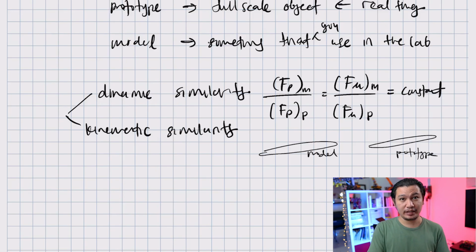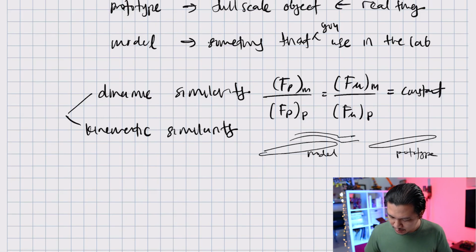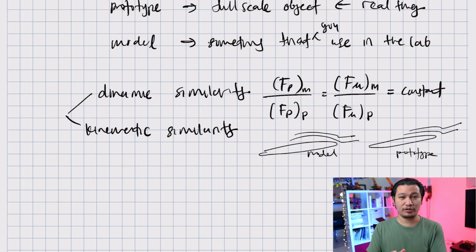When you have kinematic similarity, it means that when you plot the streamline of the model, it has to be similar with the streamline of the actual prototype. Okay, meaning that the ratio of the velocity at each point that you are studying between model and prototype has to be similar. So that is the second requirement.